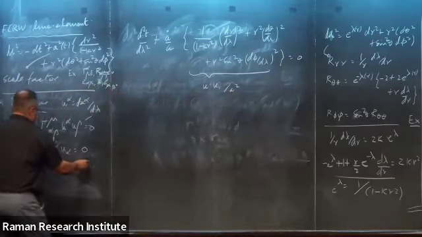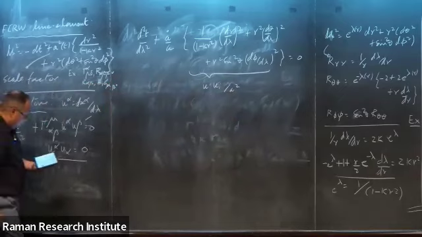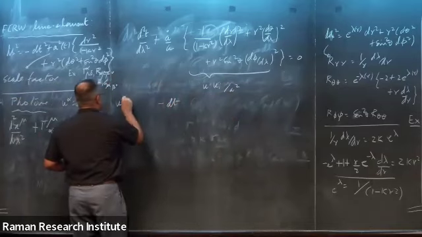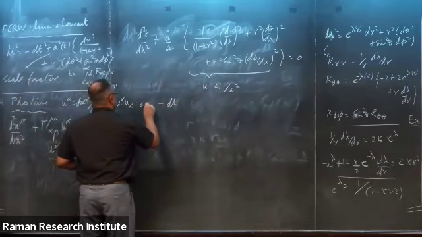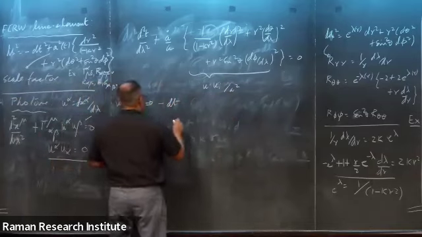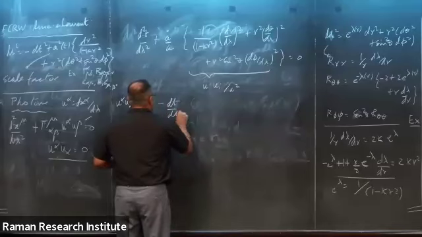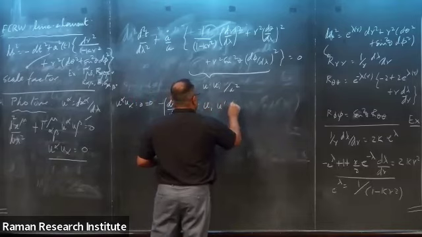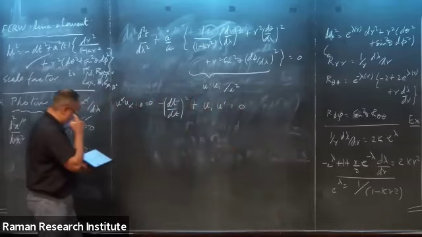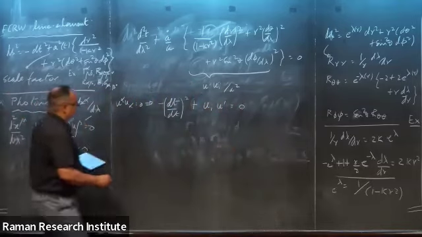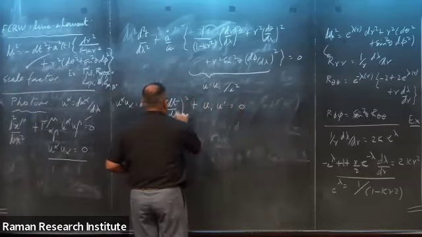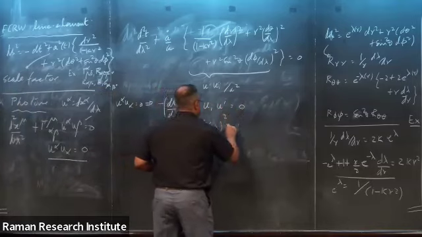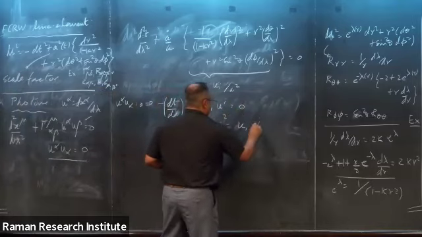Then I use this condition, u^α u_α equal to 0. What does it imply? It implies −(dt/dλ)² plus u^i u_i equals 0, or (dt/dλ)² is equal to u^i u_i.